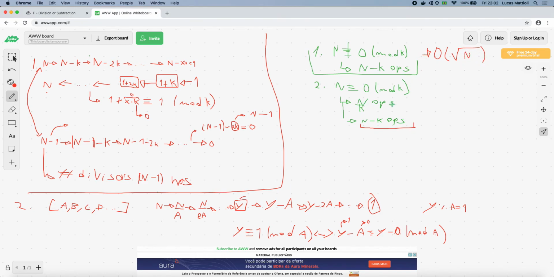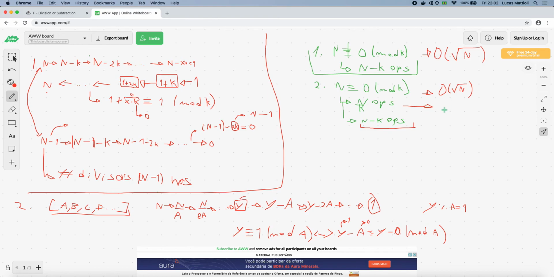And here we also need to calculate the divisors of n, so we need to enumerate them, and that will have the complexity O of the square root of n. And for each divisor, we need to divide n by the divisor itself until it becomes not a multiple of the divisor itself. So there is some extra processing here.